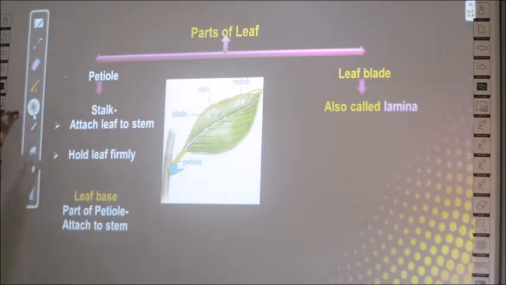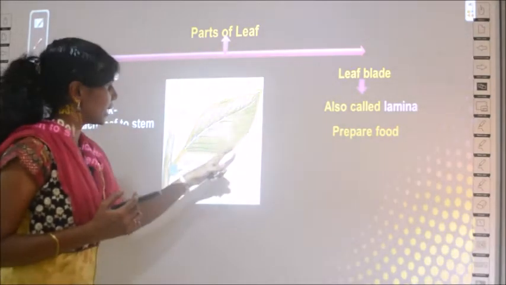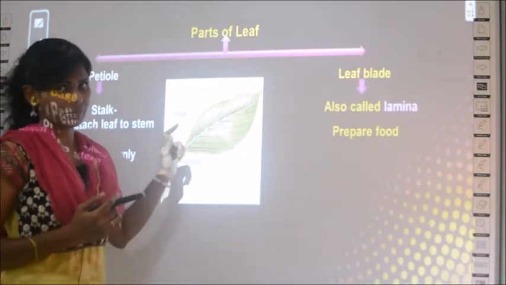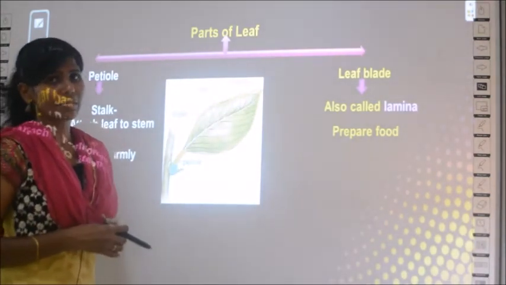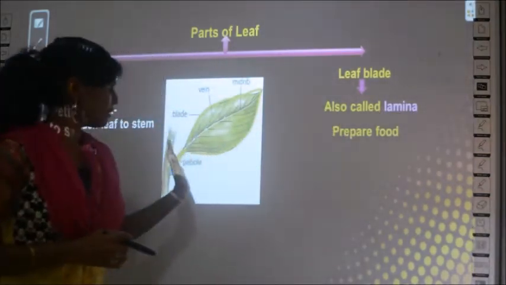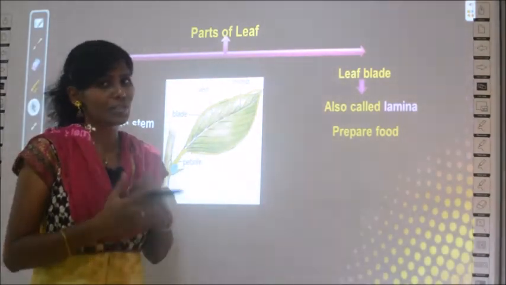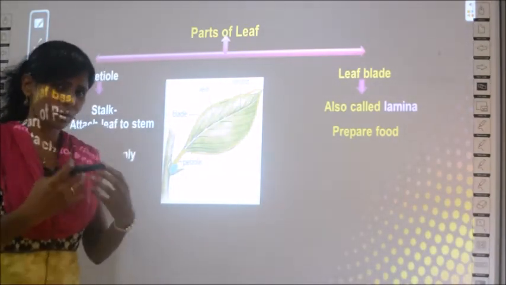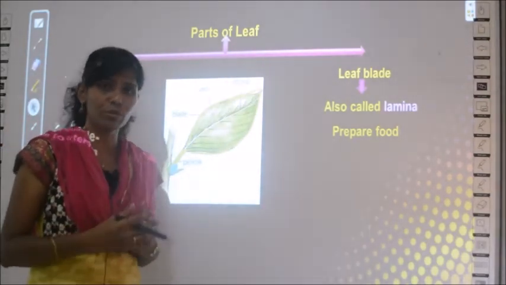Then we will learn about the structure of leaf blade. Which is the leaf blade? I told you the entire portion is called the leaf blade. Right. So leaf blade has another name. What is that name? It is called lamina. Can you see the one in pink color? What is the function of leaf blade? Always we are talking like leaves are the one which prepares food or carries out photosynthesis, right?